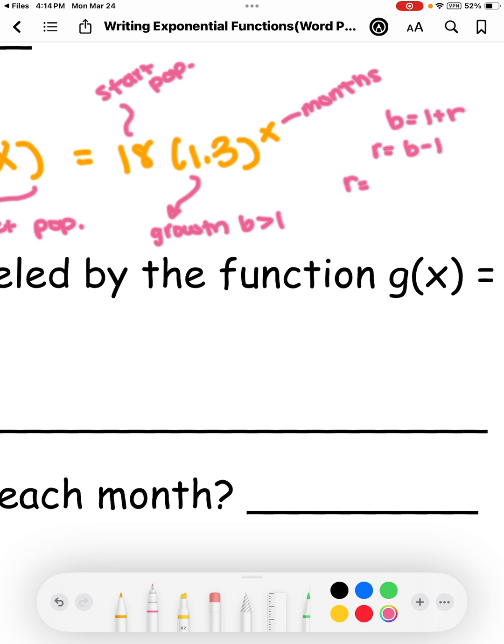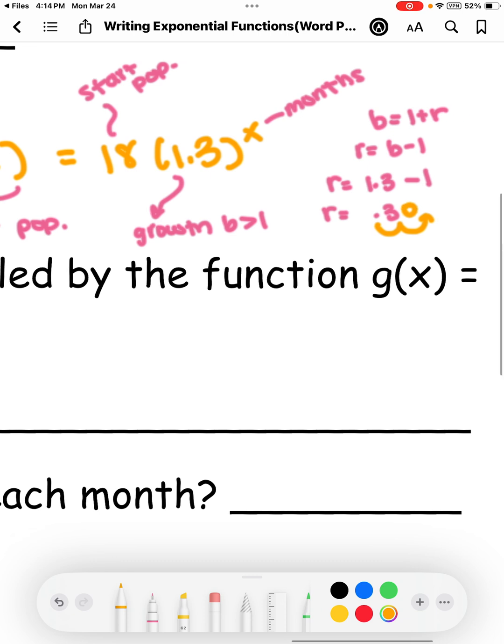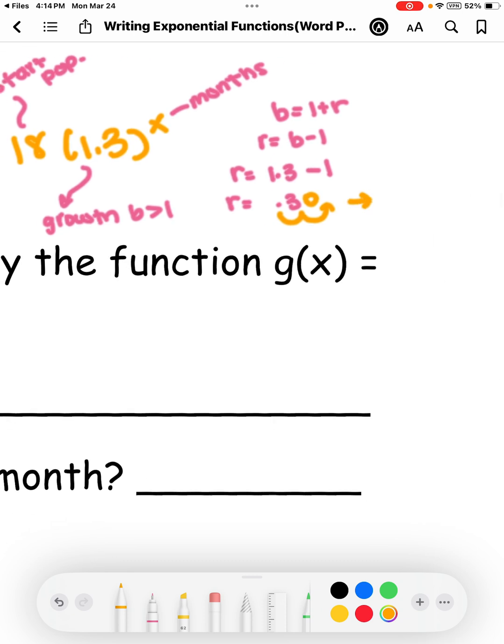So let's do 1.3 minus 1. That would give me 0.3. And then to convert it to a percentage, I got to move it 2 places to the right. And that would give me 30% increase.